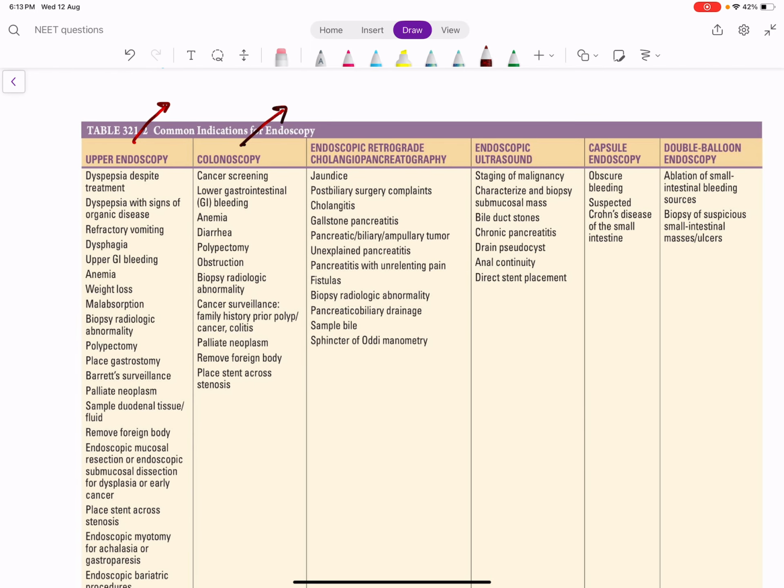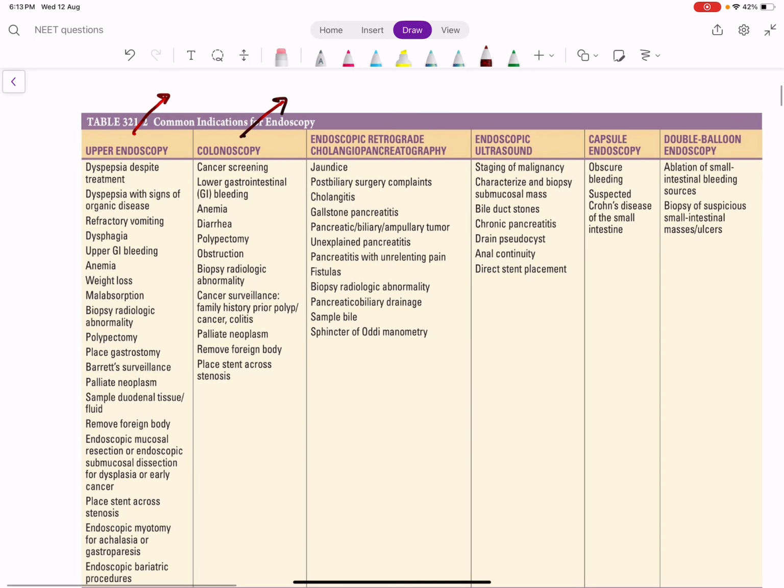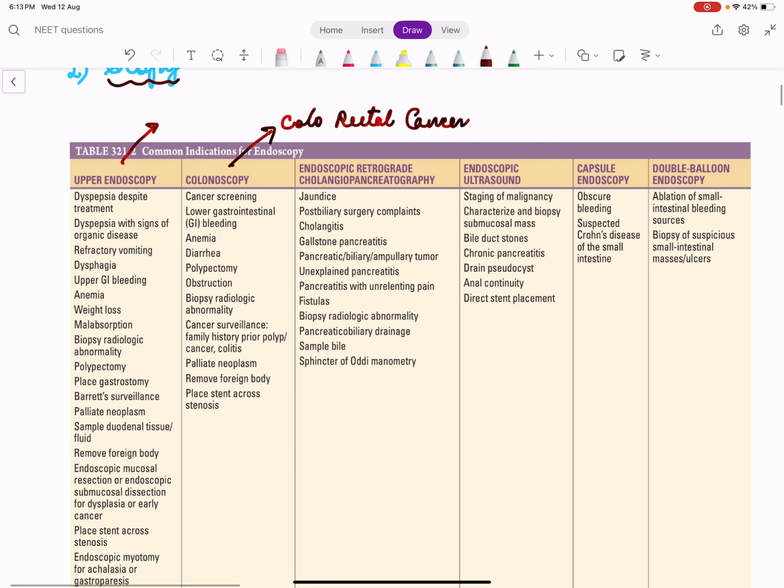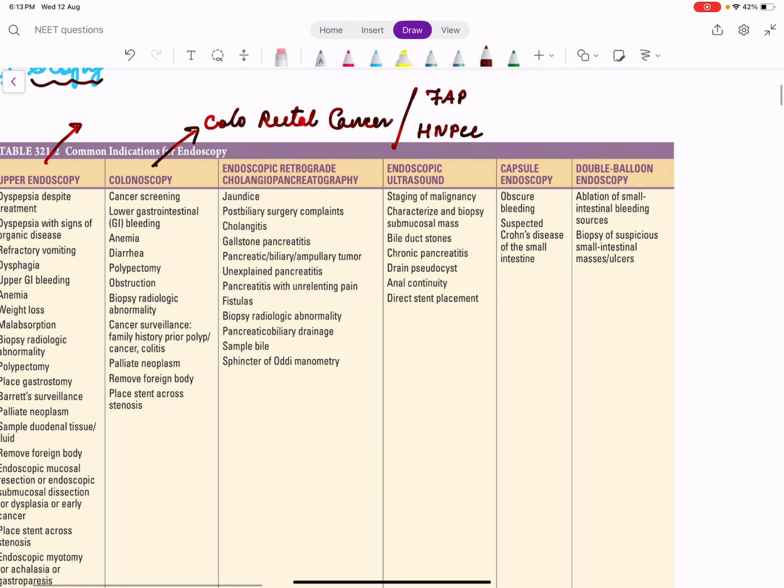Colonoscopy may be discussed here because there is something called screening colonoscopy. We know that colorectal cancer is common nowadays, especially in some diseases like FAP, familial adenomatous polyposis, and HNPCC, that is hereditary non-polyposis colon cancer. Usually in some of these diseases there will be a familial association.